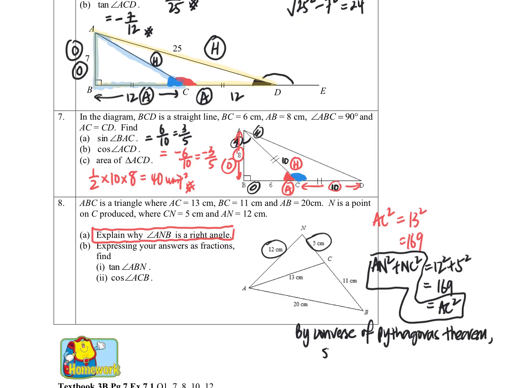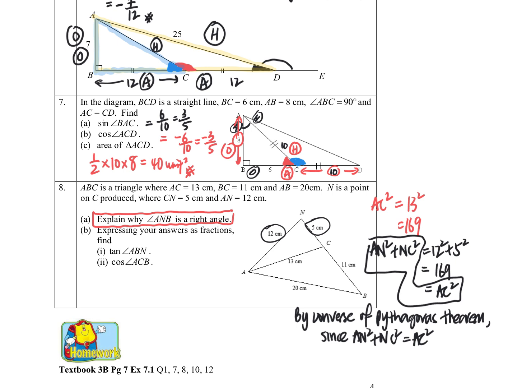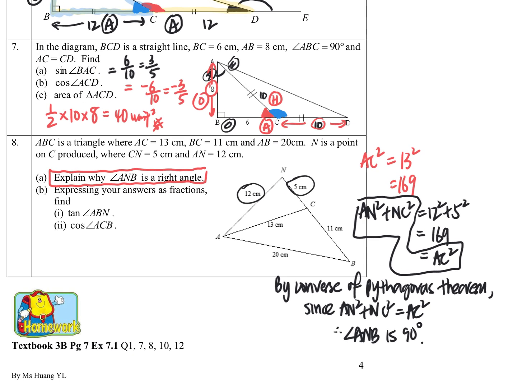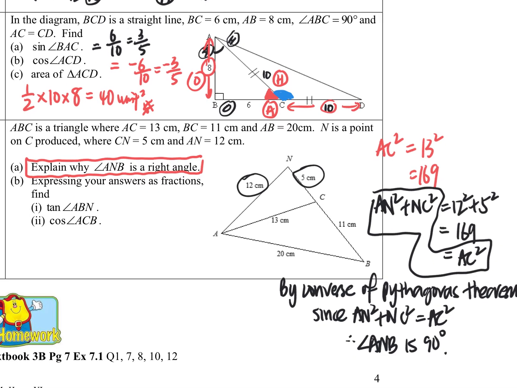Okay, since you have proven that the sum of squares of the other two sides is equal to the square of the hypotenuse, therefore angle ANB is 90 degrees. Okay, so this is the standard proof. It's 2 marks in O levels if they ask you. So prove it the right way. Yes. Can. The figure is throwing it off.